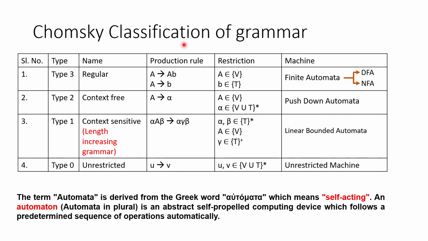You can also say that A can be rewritten as b followed by capital A. This is also correct. But remember, you must have only one non-terminal on the left hand side. So this is also possible.